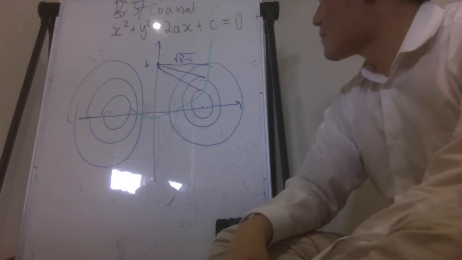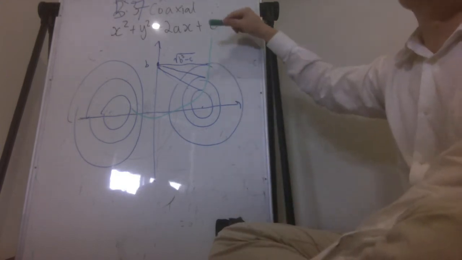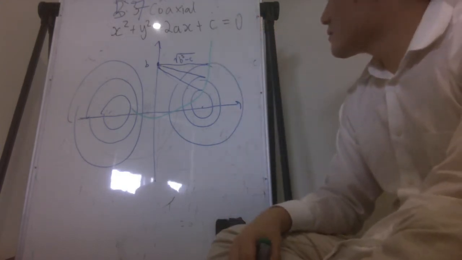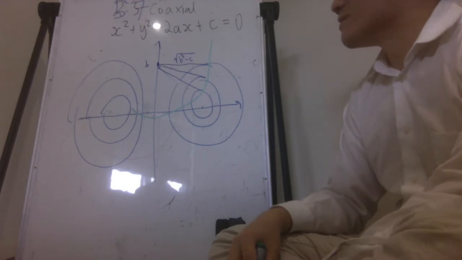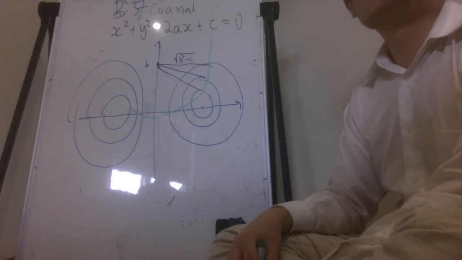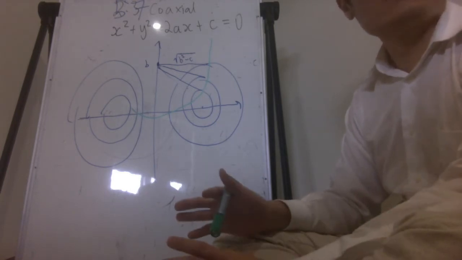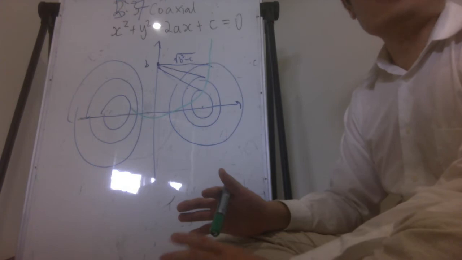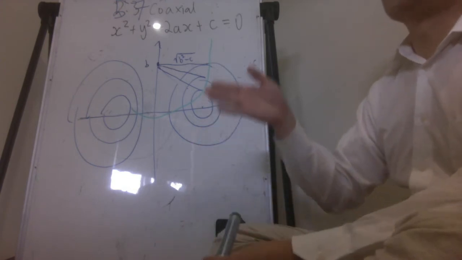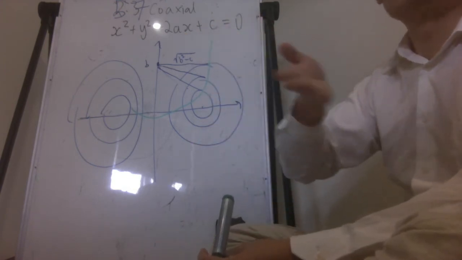Okay, so let's see that these are orthogonal. The point of orthogonality is that the tangent is orthogonal to the radius. So for circles to be orthogonal, one of the tangents goes through the center of the other circle.